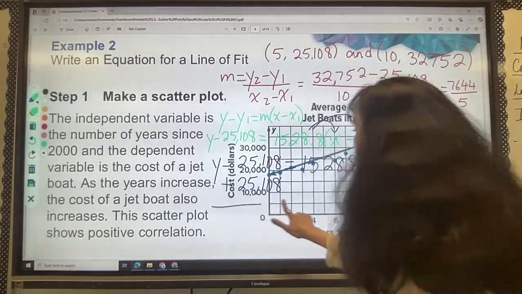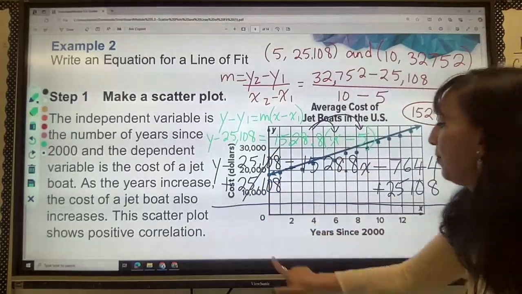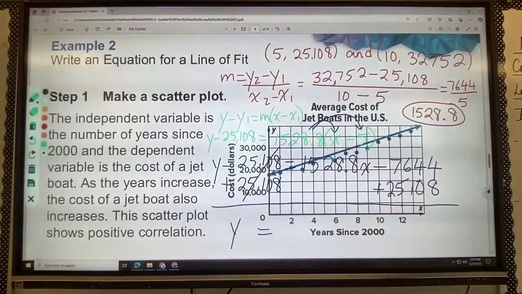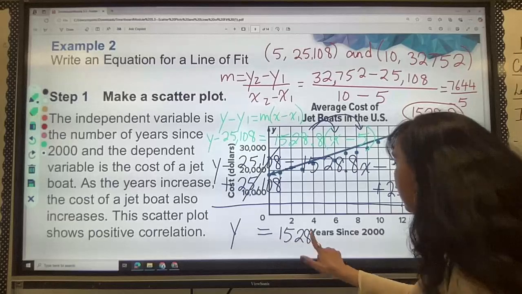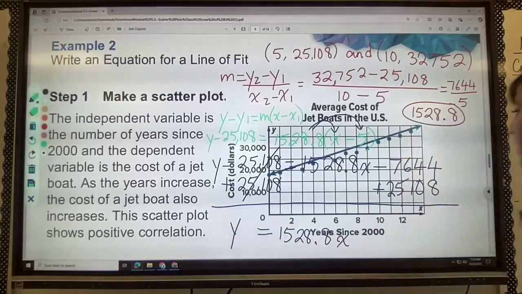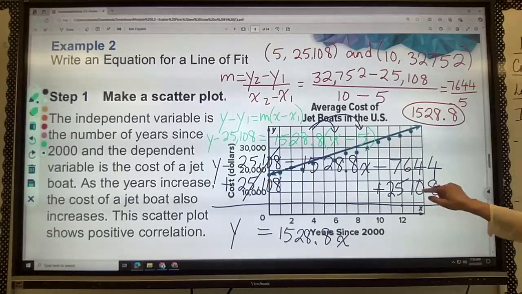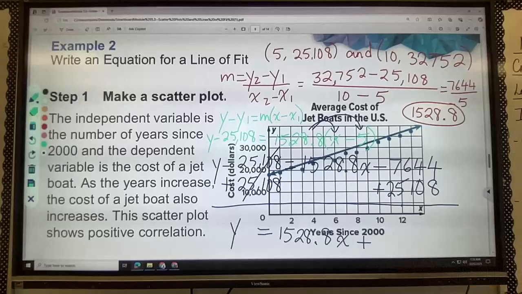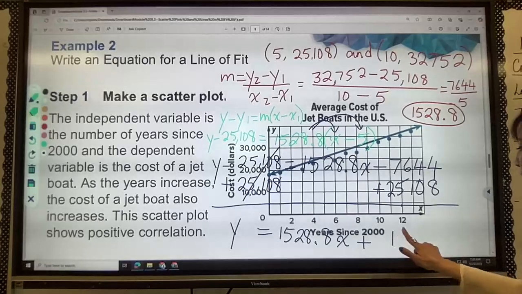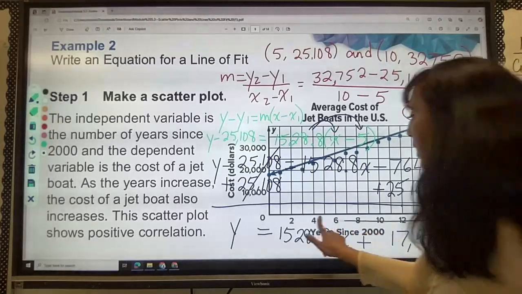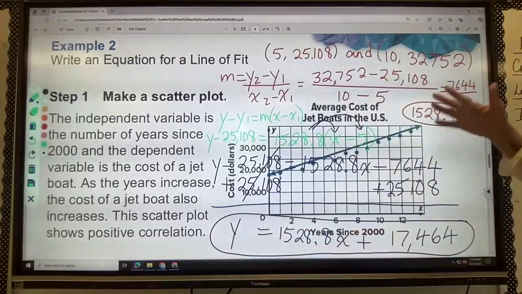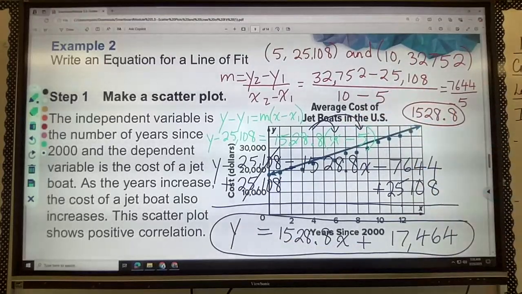And so I'm left with, this is gone, y is equal to 1,528 and 8/10 x plus, because I'm subtracting this from here, I get plus 17,464 as my y-intercept. So here is my equation that I am solving using this graph.